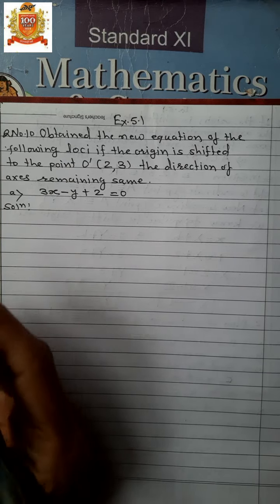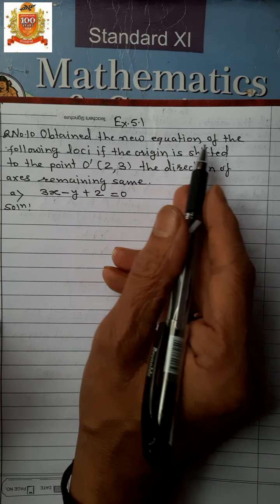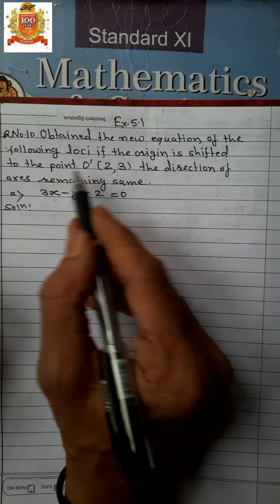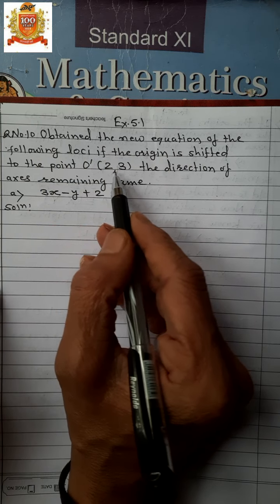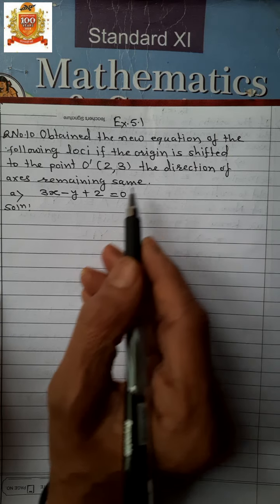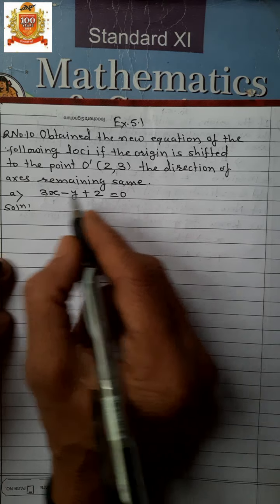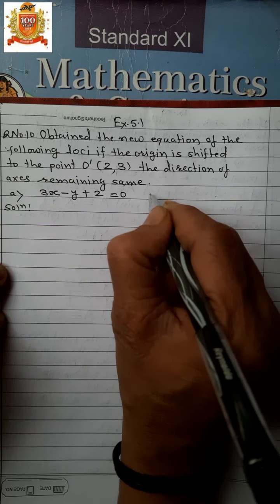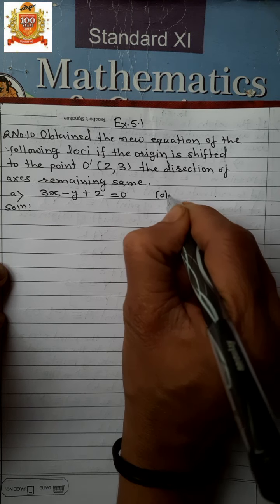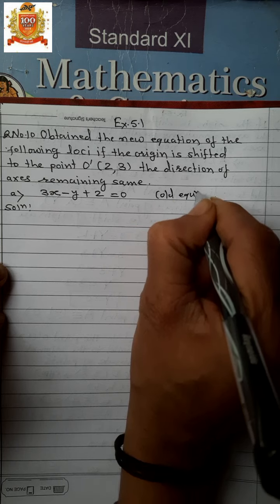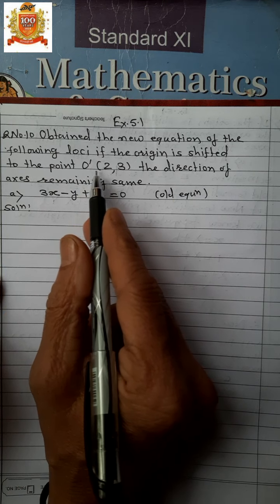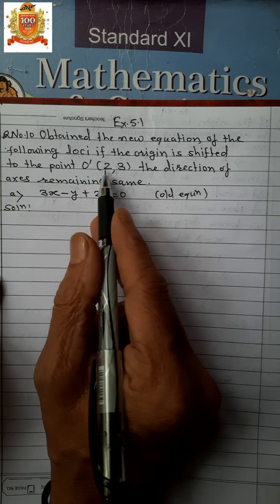Let us see question number 10. Obtain the new equation of the following loci if the origin is shifted to the point O dash (2, 3), the directions of axes remaining the same. This is the old equation. We want to find the new equation when the origin is shifted to point 2, 3.